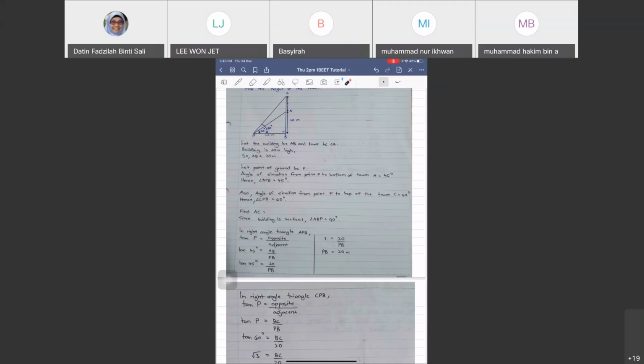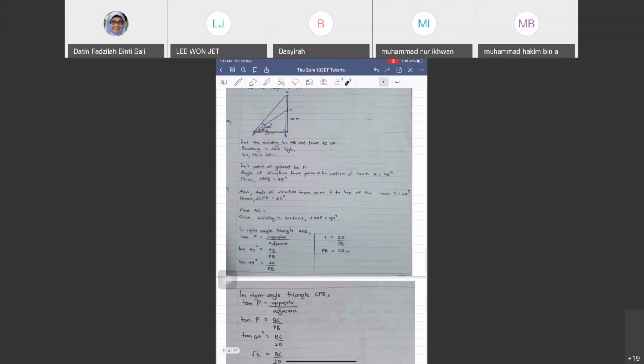So you have your 90 degrees in right angle triangle APB. Okay, you have here tangent 45 degrees equals to 20 over PB. So that means PB is 20 lah, isn't it?